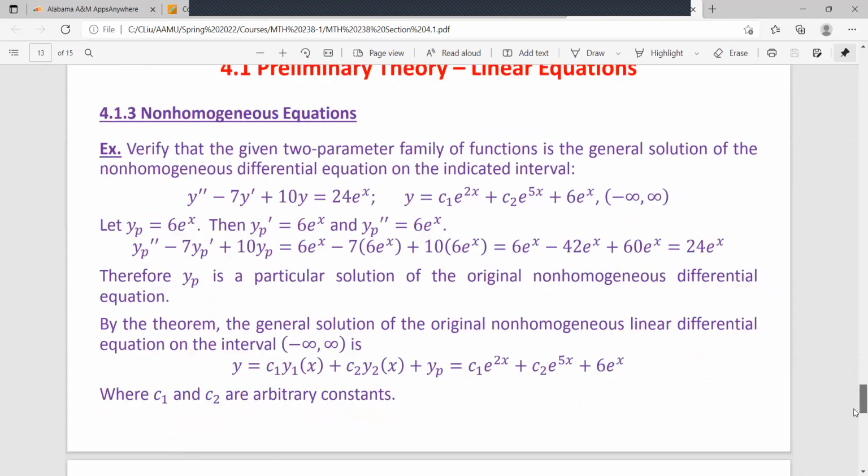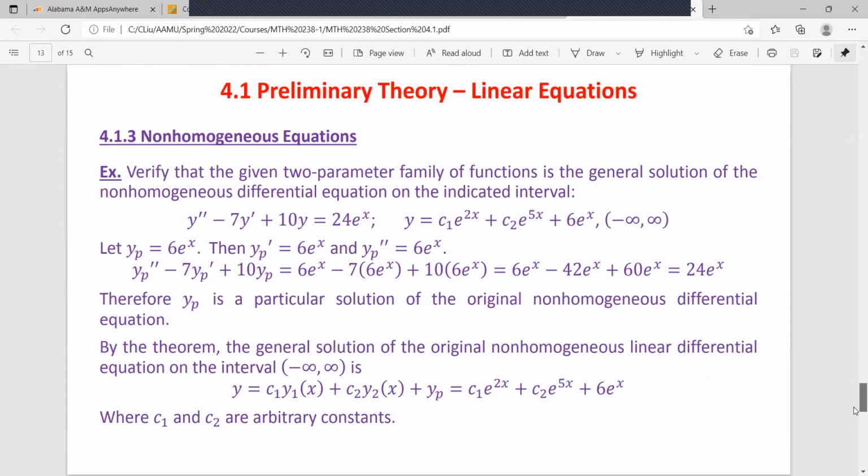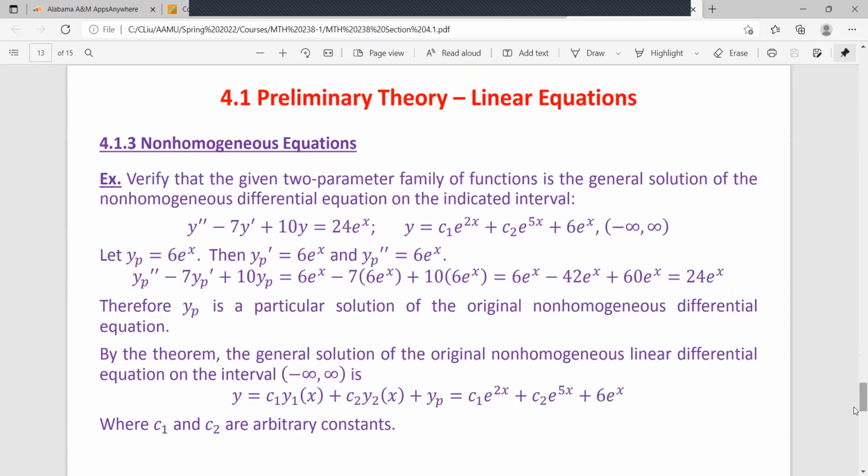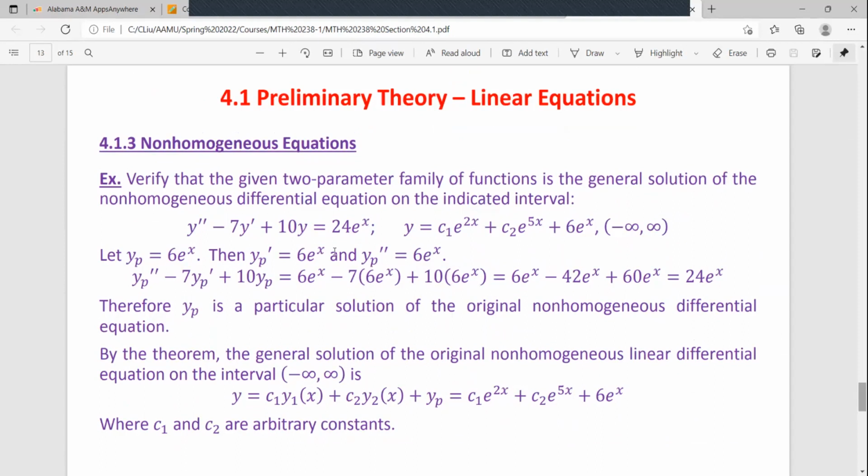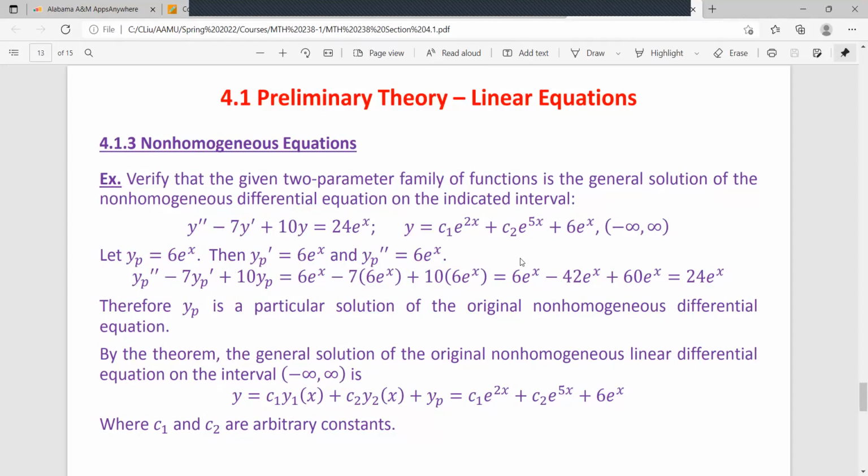So this is a new example. It's already more complicated to solve non-homogeneous equations. Okay, so I just wrote the problem again on this page in case you forget. So we got the equation in here and the solutions here we need to verify.